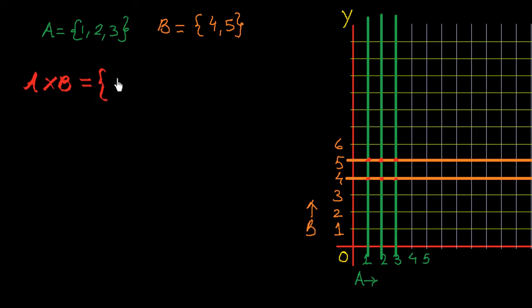So it is (1, 4), then (2, 4) because x is 2 and y is 4, and this is (3, 4).